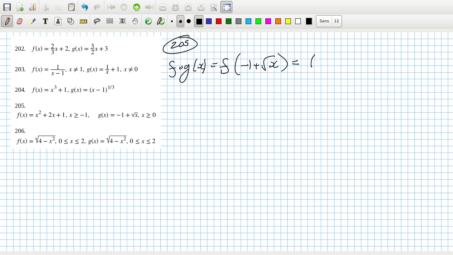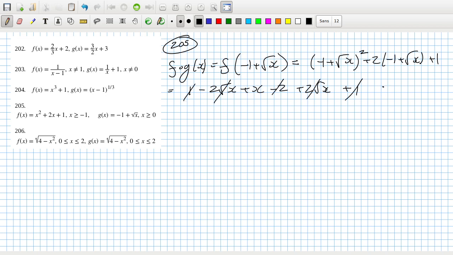That's equal to minus 1 plus root x, squared, plus 2 times minus 1 plus root x, plus 1, which is equal to 1 minus 2 root x plus x minus 2 plus 2 root x plus 1. Well, those ones cancel, that minus 2 and the 2 cancel, and we're just left with the x.